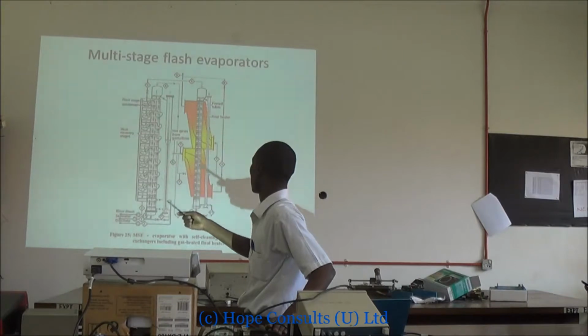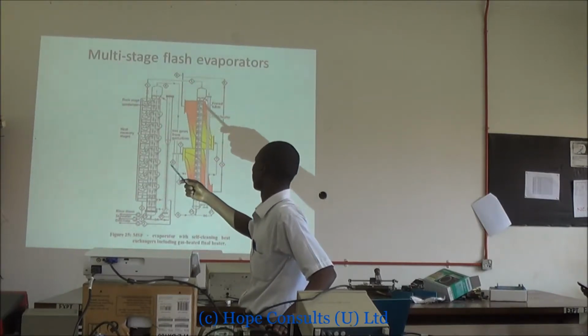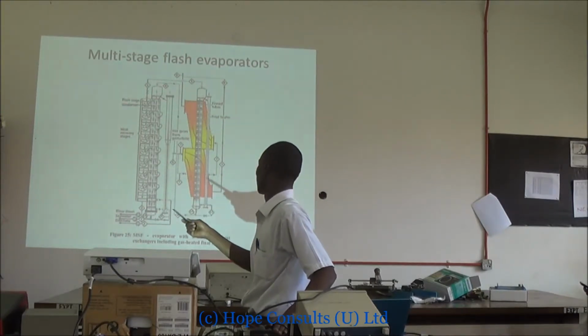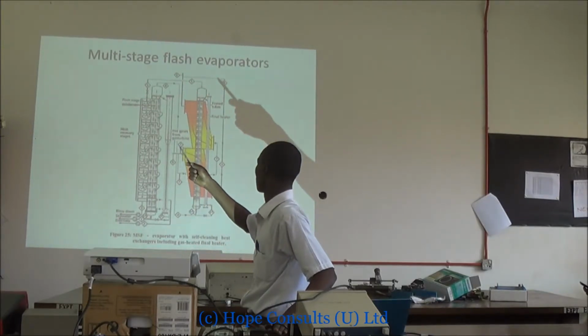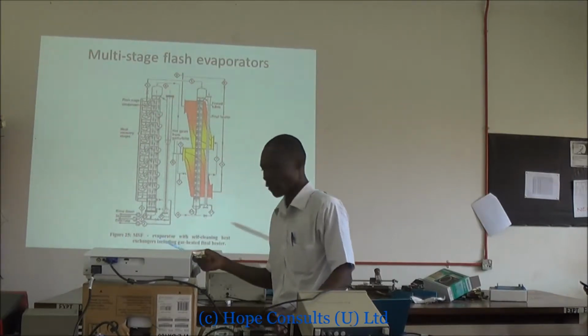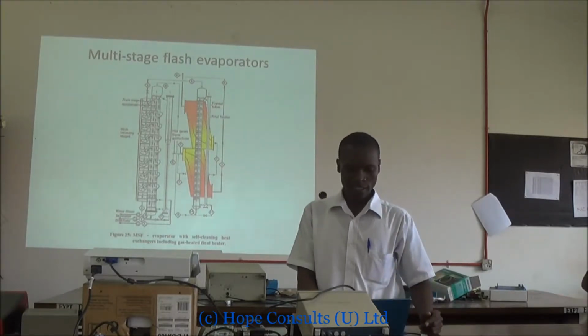This part is the final heater, and inside it we have final tubes. At the end of final heating, we have this arrow going up like that. So at the end, this multi-stage flash evaporator stands out compared to the first three that we saw.